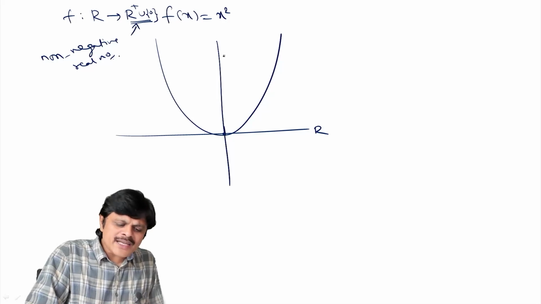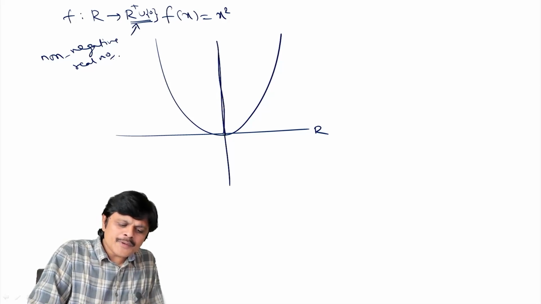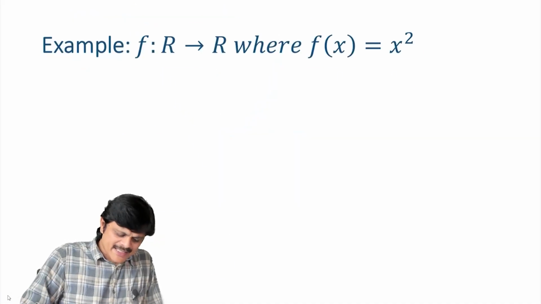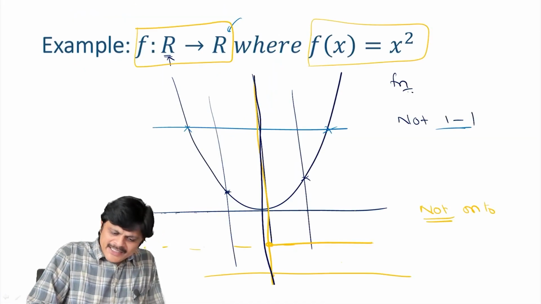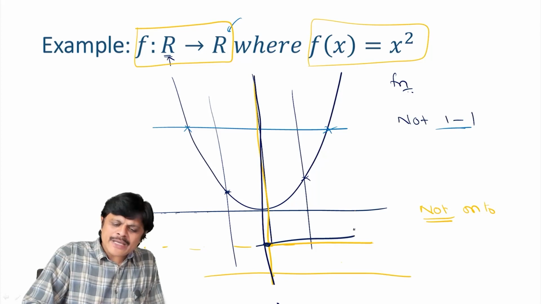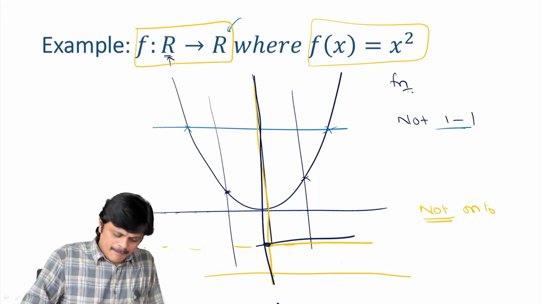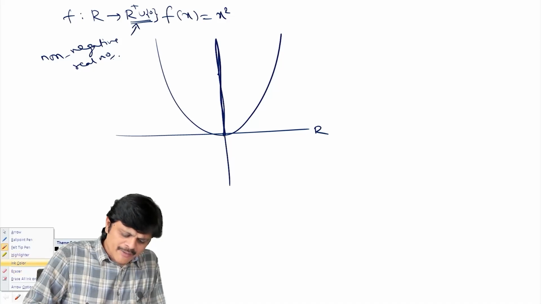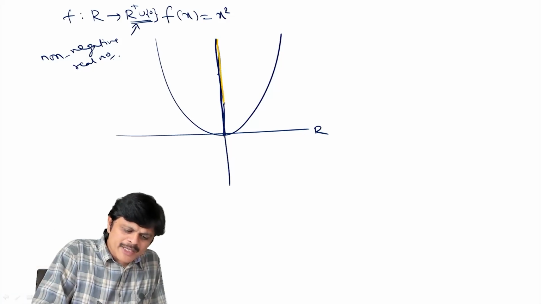So obviously for every y value, because this is your codomain. In the previous case, the codomain was the entire real line, so for some values I was not able to find any x. But here the codomain is only non-negative real numbers, from here to here only.